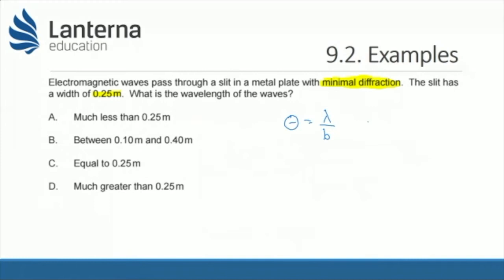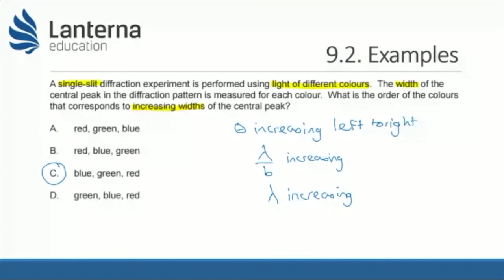If I've got minimal diffraction, then that means that theta is very, very small, which means that either lambda is very small, or b is very big. Because I've been given the slit width, for this to be very small, I need lambda much less than b, so it's going to be A. I think almost every answer so far has been A.